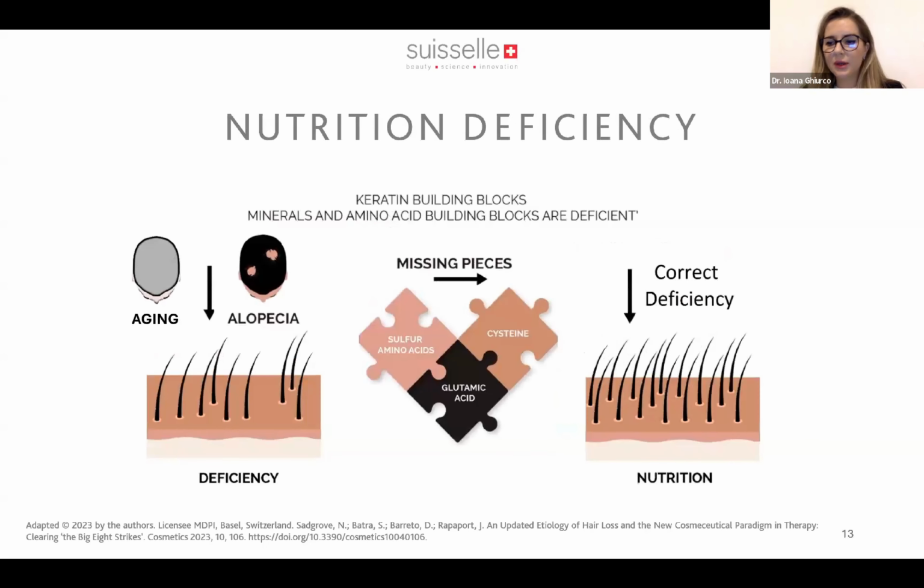There is also nutritional deficiency, which can significantly contribute to alopecia by disrupting the hair growth cycle and impairing the health of hair follicles. There are some key nutrients like proteins, vitamins, minerals, and fatty acids that play a very important role in maintaining hair structure and function.